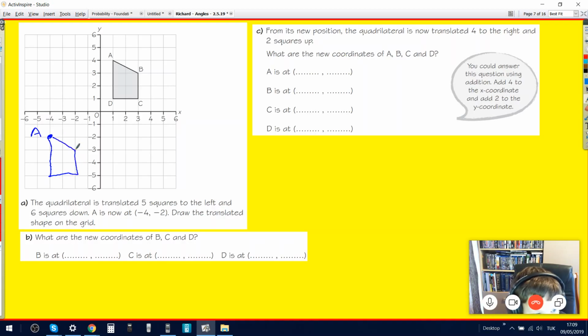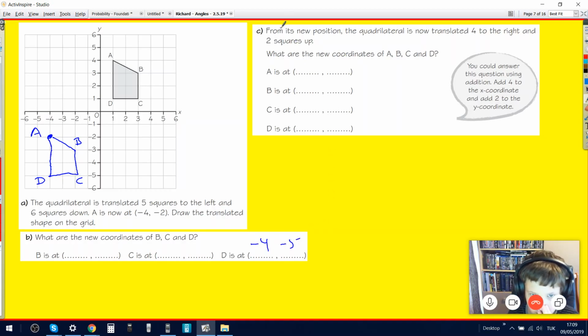And the other way you could do it is each corner, you could just count 1, 2, 3, 4, 5 left and 1, 2, 3, 4, 5, 6 down. Okay. For each corner. And I think they wanted us to label each one. Okay. What are the new coordinates? So let's say what are the coordinates at D? So D would be at -4, -5. Yeah, I think you're good for that.